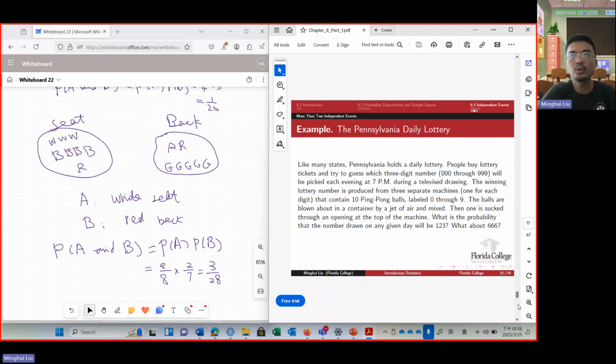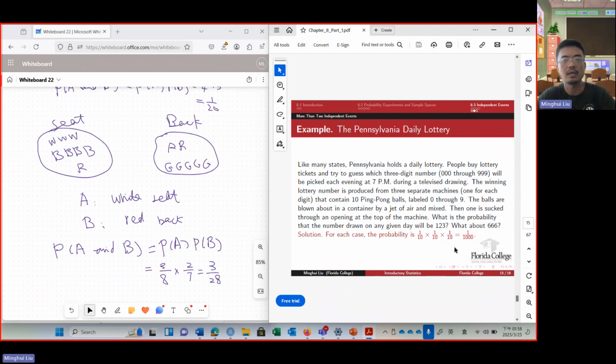No, it's not 2 over 10. 2 is just one number. So the probability of the second digit being 2 is still 1 over 10. And the third one is also 1 over 10. So at the end of the day, you multiply these three numbers together, 1/10 times 1/10 times 1/10, and you get 1 out of 1,000. So that is the probability.